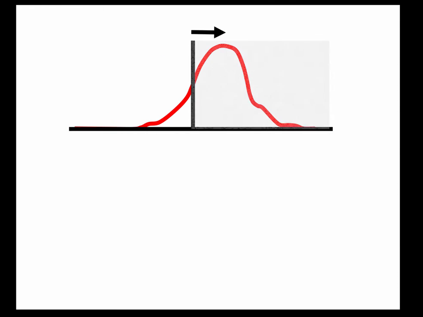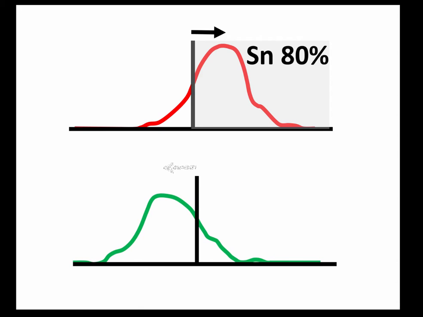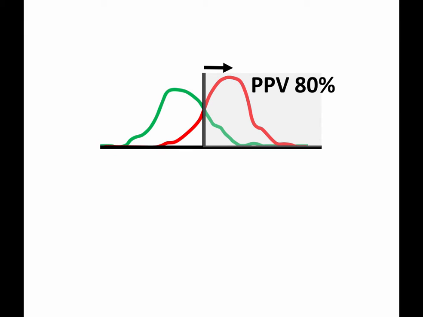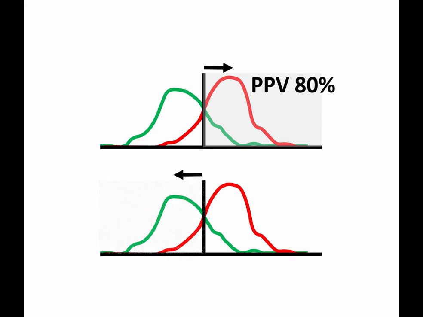Examples are sensitivity and specificity, where the patients with or without disease are analyzed separately, and negative and positive predictive values, where patients with and without disease are analyzed together. A problem with these calculations is that they fail to adjust for disease prevalence.